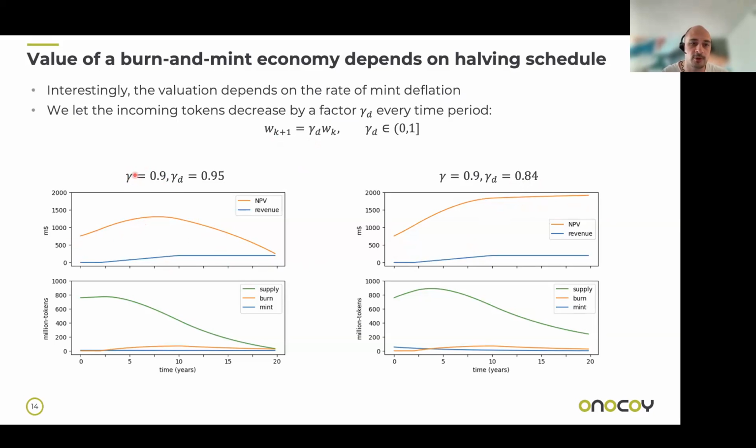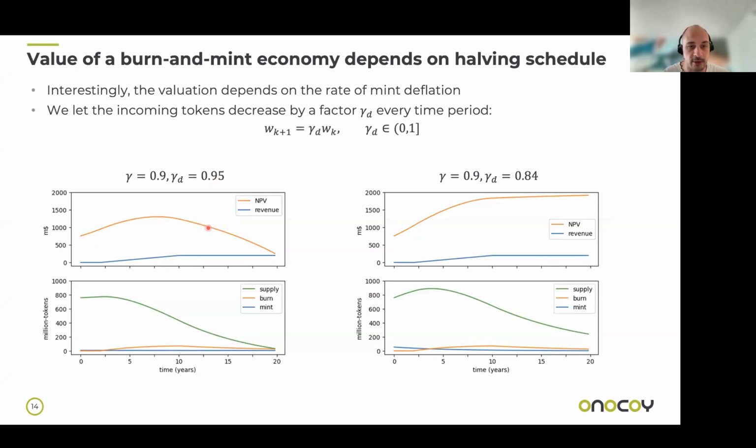So if I choose a discount term of 0.9, future cash flows are discounted by 0.9 every year, and the deflationary factor for the token is 95% per annum, these are the results. So I'll talk through them right now.